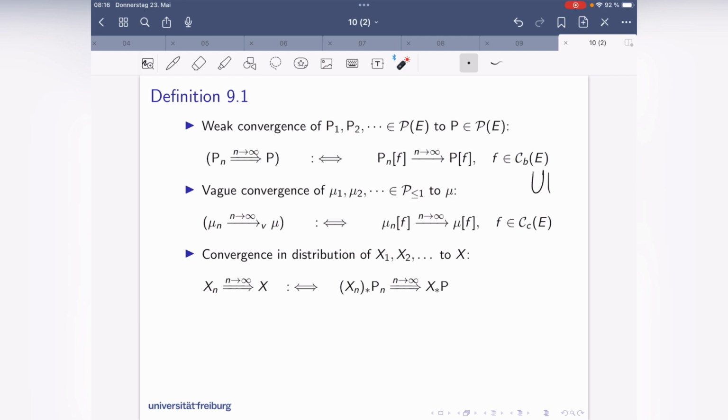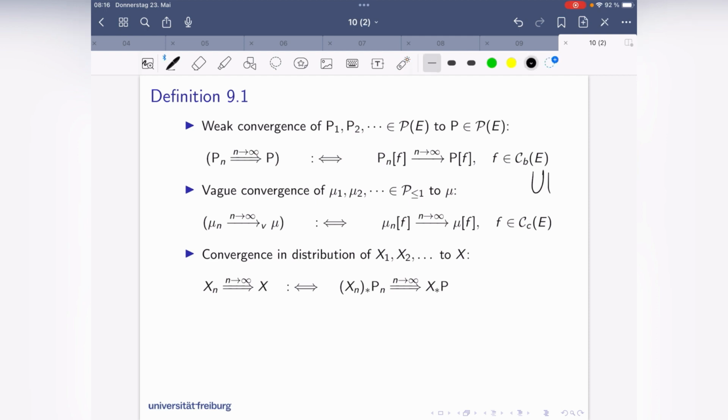I will probably very often say just weak convergence, but if you have random variables, you might also say they converge in distribution, so not in probability, that's something else, but in distribution, if and only if their image measures converge weakly.